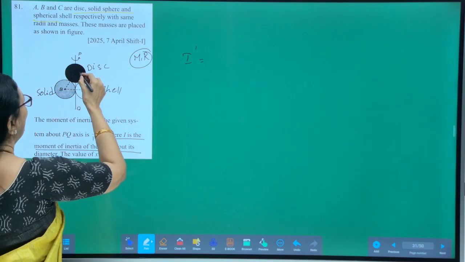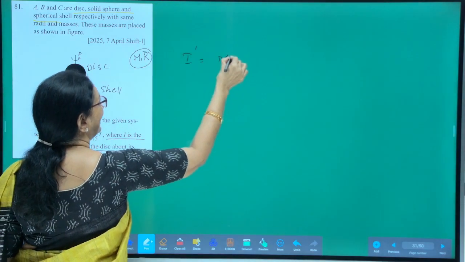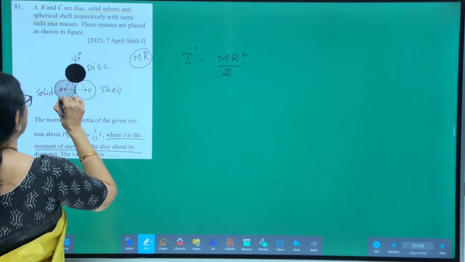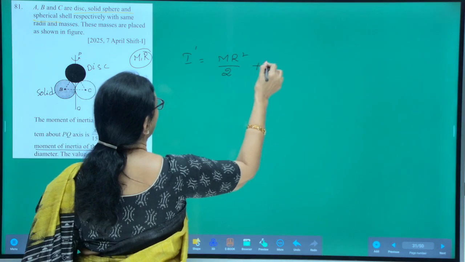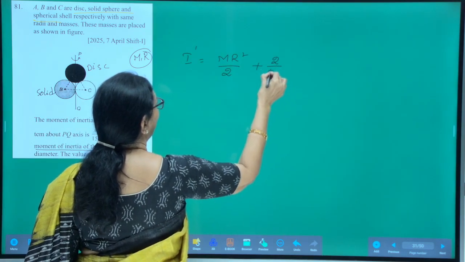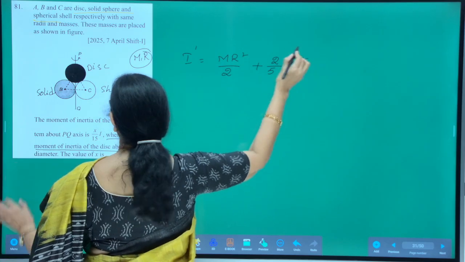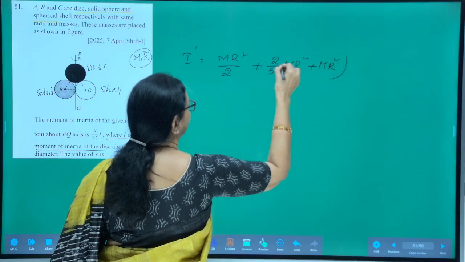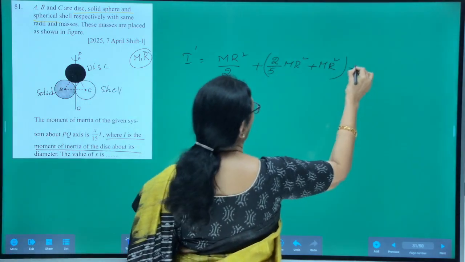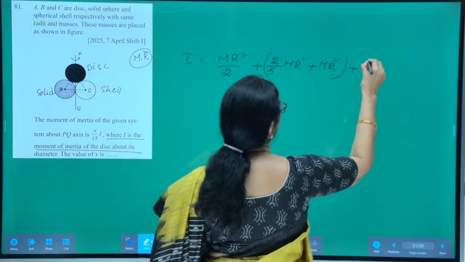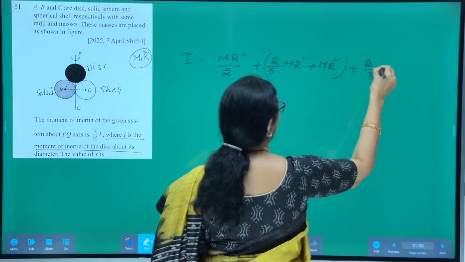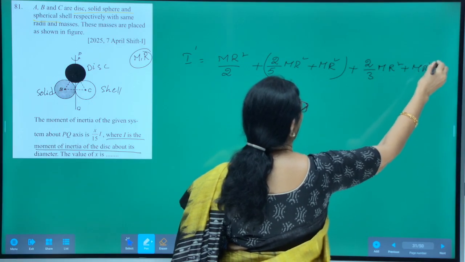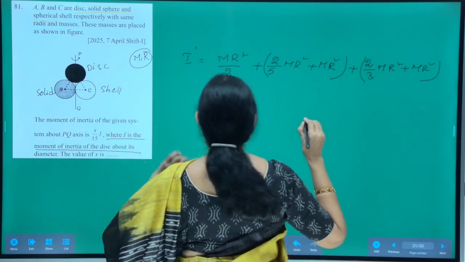Look here, the moment of inertia of the disc is mr square by 2. The moment of inertia of this solid sphere is 2 by 5 mr square, but this becomes the tangent, so plus mr square, plus the moment of inertia of a shell, 2 by 3 mr square plus mr square, because that is the tangential axis.